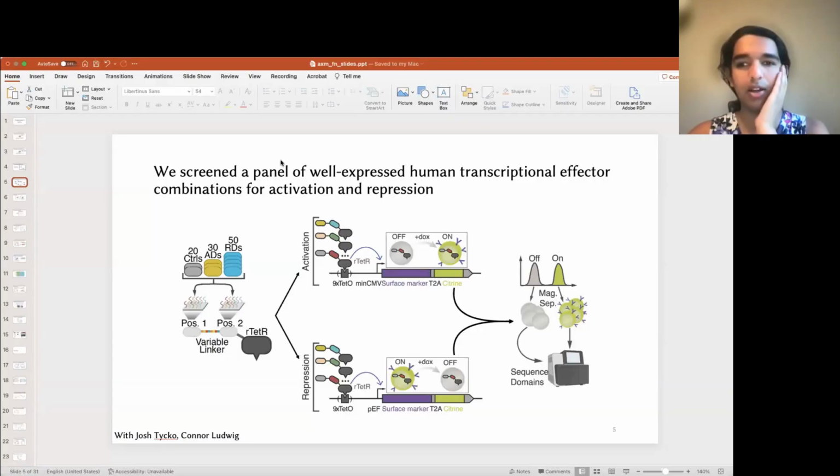I think this is actually a great question, and apologies if I didn't make it clear enough. The way we ended up doing this was with a synthetic reporter system, where you recruit these effector domain pairs to, for activation, a weak promoter that drives a synthetic surface protein, and we look at presence or absence of that surface marker in a high throughput setting to measure gene activation.